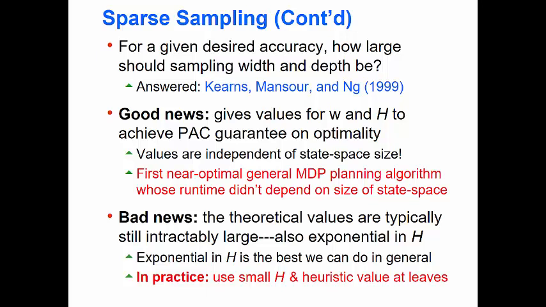So in practice, H and W are just hyperparameters that you pick, and the complexity scales pretty quickly with both of those. So you try to find the smallest ones that are going to be effective for your problem.